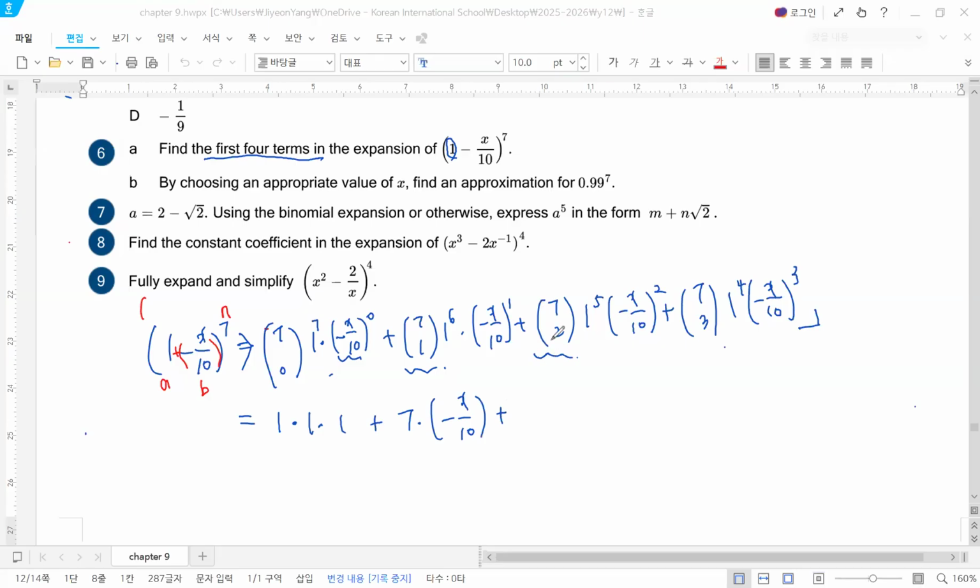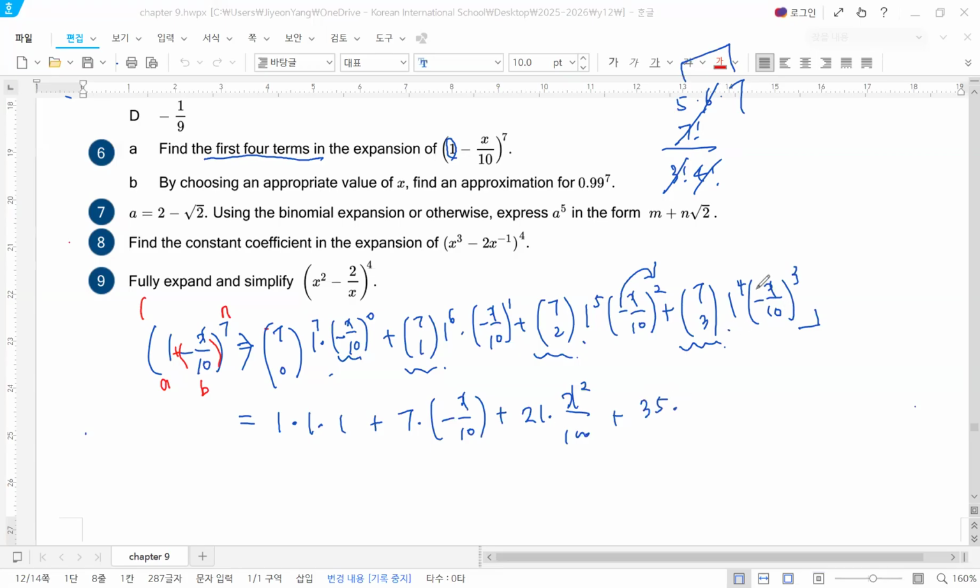By using your calculator, you can find it as 21, and negative squared becomes positive, x squared over 100. Then 7C3 is 7 factorial over 3 factorial 4 factorial. Since 3 factorial is 6, they cancel, and what is left is 35.